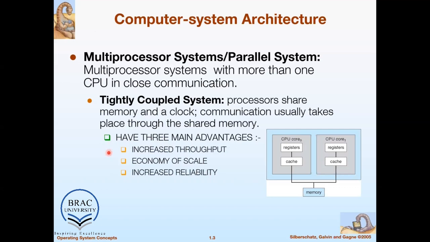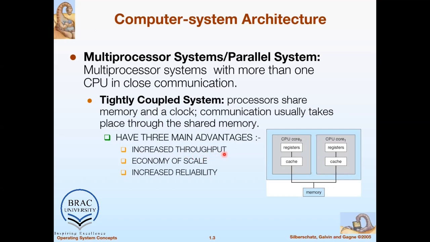Coming to the advantages, the first one is increased throughput. Throughput is something that is used to measure the performance of a system. So in a multiprocessor system, we can say that throughput is improved or increased, meaning we can increase performance.